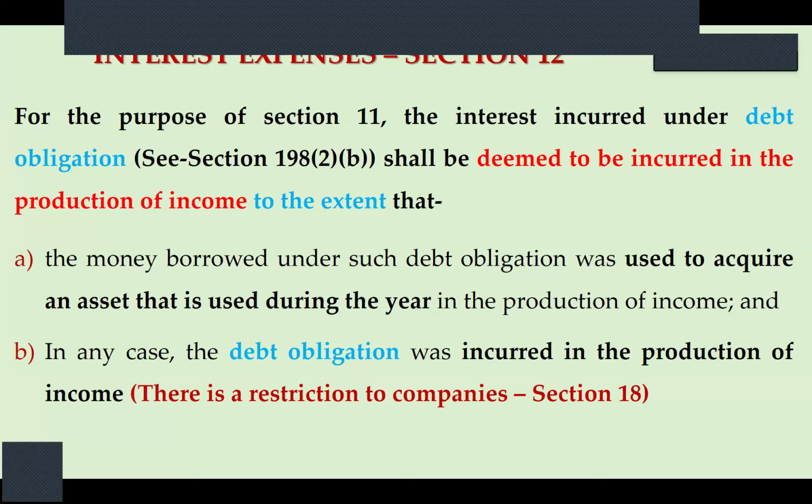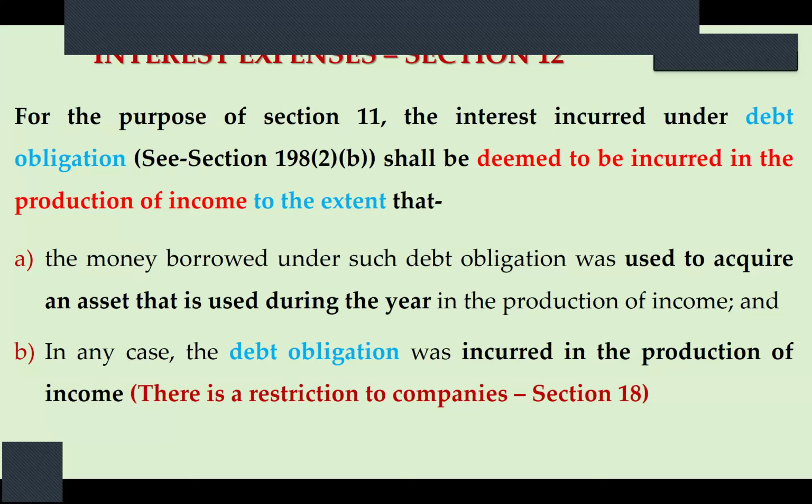The next one is, in the case of that debt obligation was incurred in the production of income. That means we can borrow money and that borrowed money can be used in the production of income. That means for our working capital, if our working capital deficiency is there, then we can borrow money from a bank.